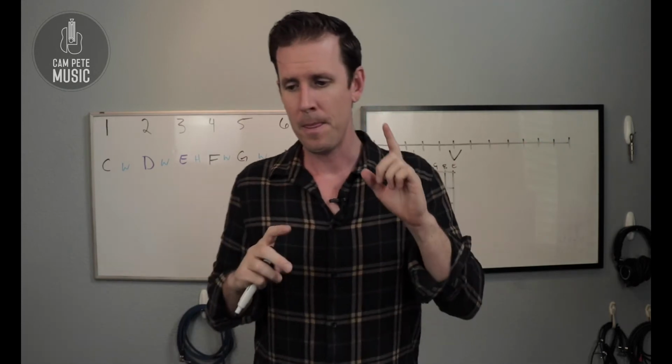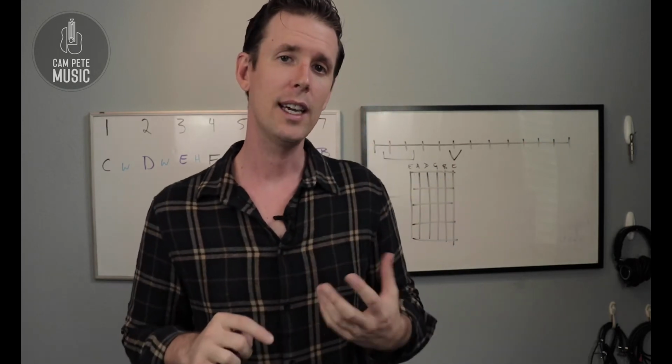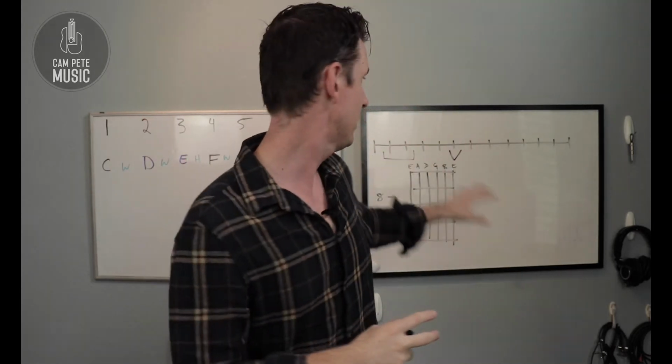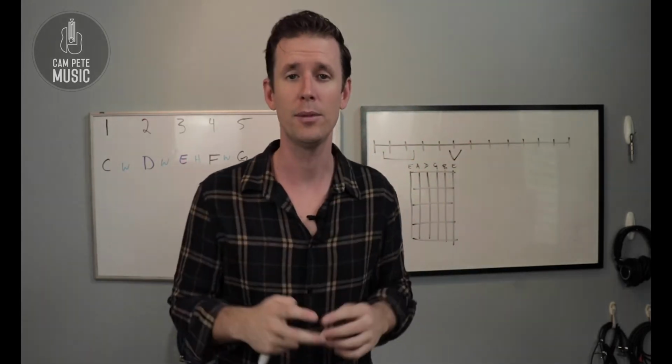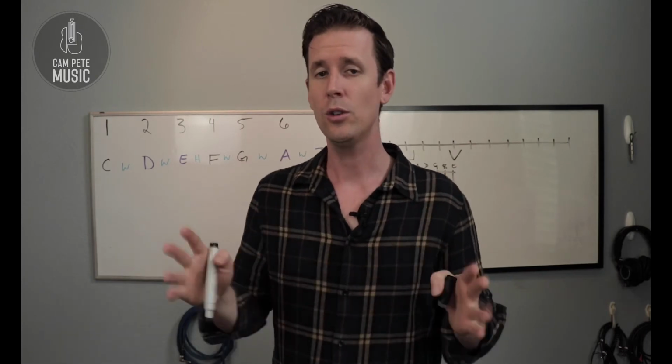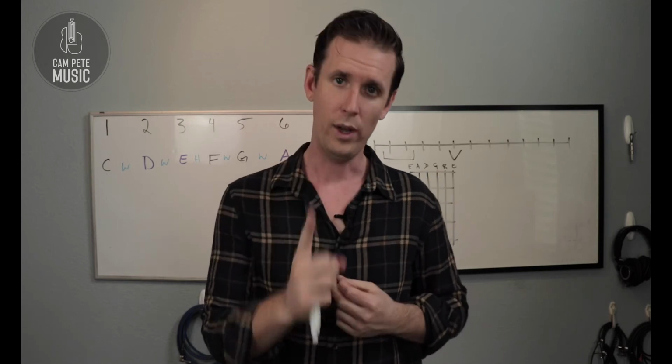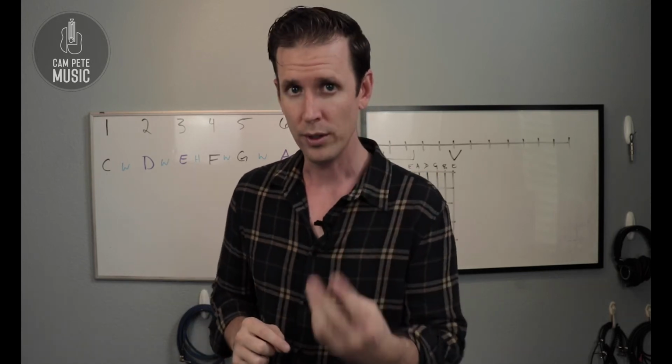Now, like I said, a major scale is just a recipe, just a unique combination of these two types of steps. The major scale is just a group of notes separated by two whole steps, one half step, three whole steps, one half step.